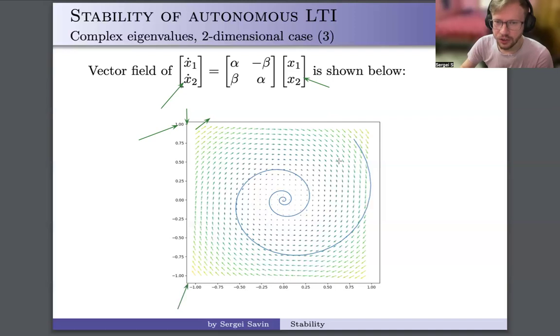The point in the center is 0, 0. That point is 1, 1. That point is 1, -1, and so on, right? Each arrow represents, again, the derivative.